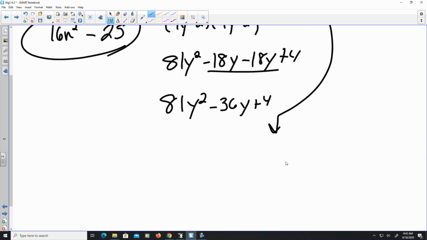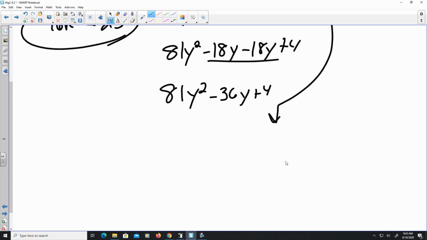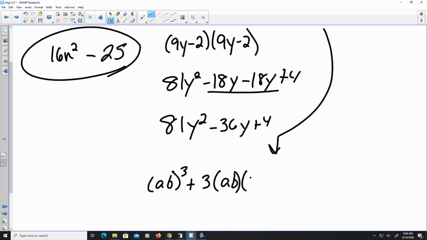It's actually going to become, in parentheses, (ab) cubed plus 3 times (ab) squared times 4, plus 3 times (ab) times 4 squared, plus 4 to the third.